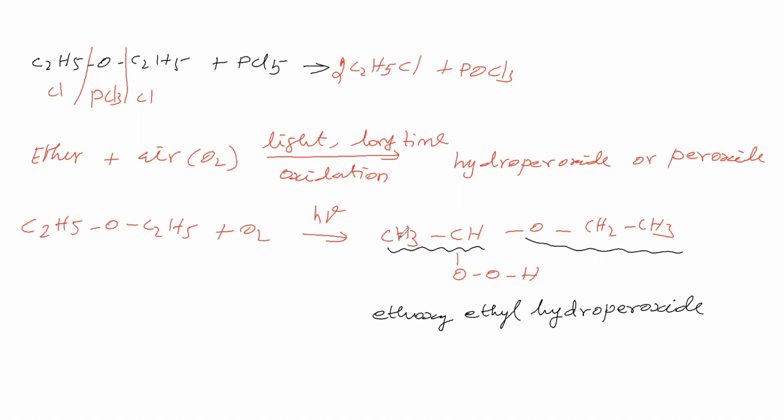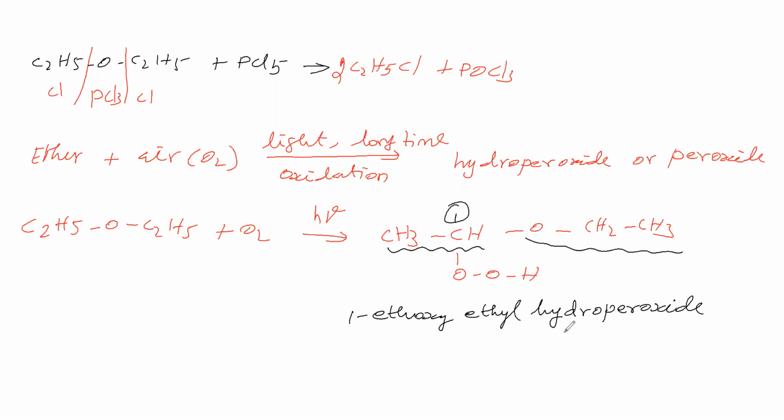This is ethoxy, ethyl hydroperoxide. Hydroperoxide is present at which carbon? At the first carbon. Otherwise, ethoxy is present at the first carbon. So, 1-ethoxy ethyl hydroperoxide, like this we can write.